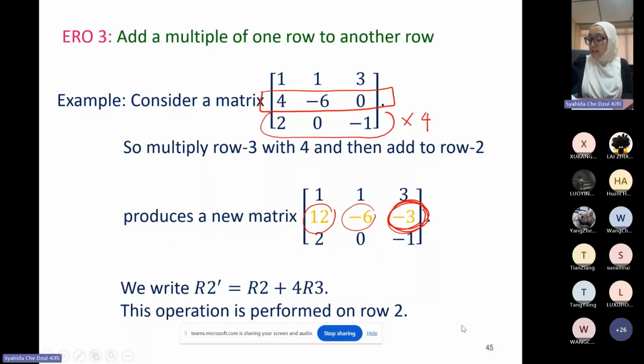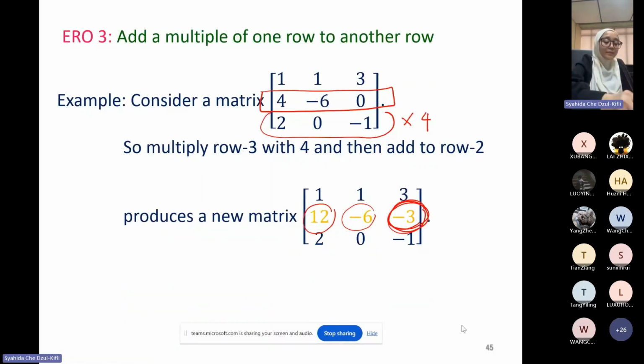Okay, so there's something wrong with this number. What is it supposed to be? No answer?